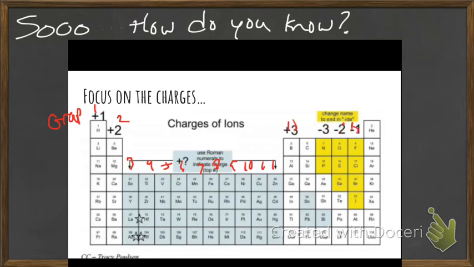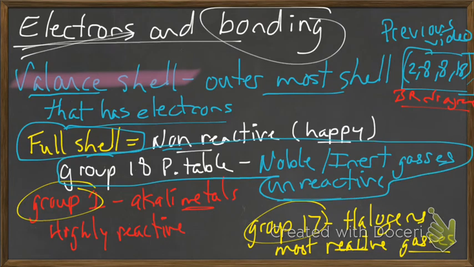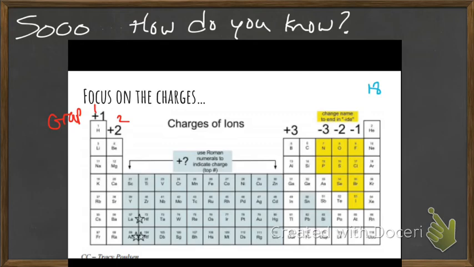Okay, that doesn't work. Ignore group numbers. I'll keep 1 and 2, though, because those numbers are the same. Now, what about group 18? 18 was very unique because we said group 18 on the periodic table was unreactive. They had a full shell. So this group needs to lose or gain 0 electrons.